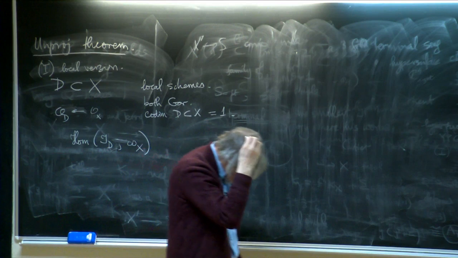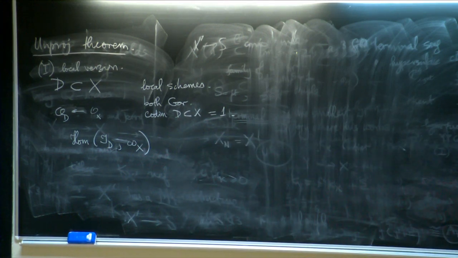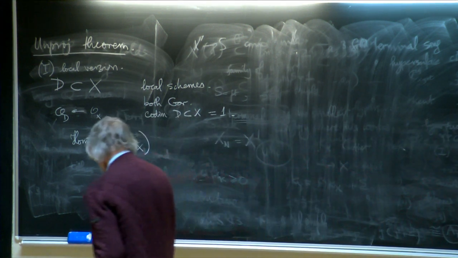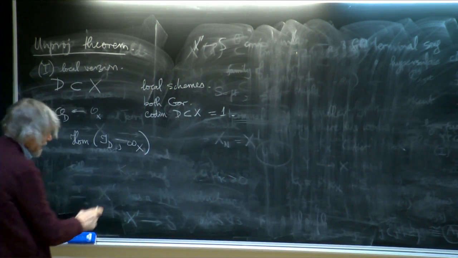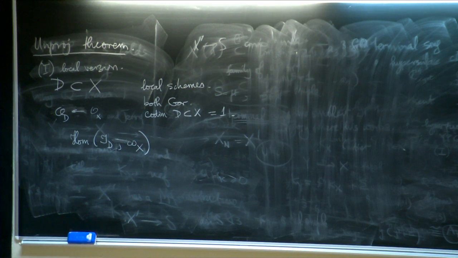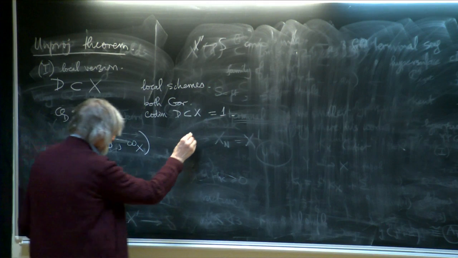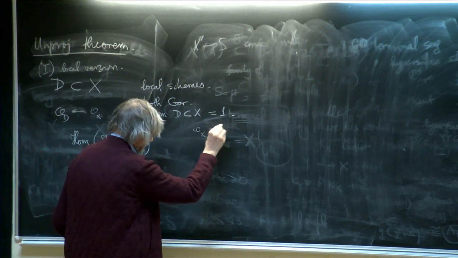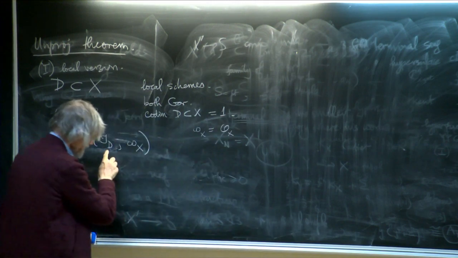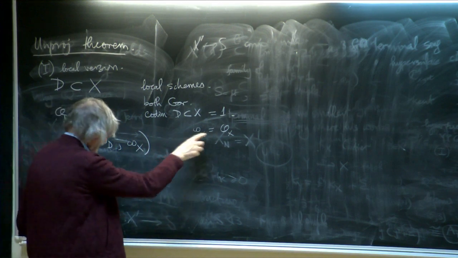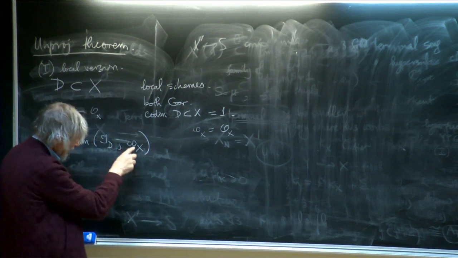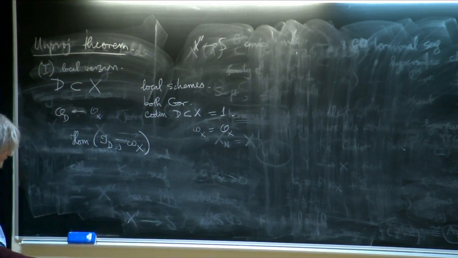So this is a kind of little motto in commutative algebra. If you're HOMing, you should HOM into omega. Yes, that's what omega is for. Yes, so we're given that omega X is OX. So there's no difference between saying omega X and OX, except that omega X has different kind of functoriality.